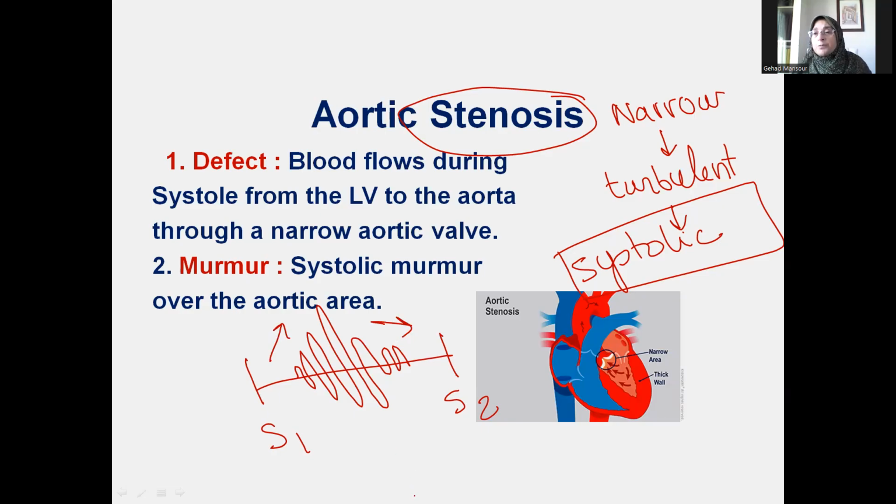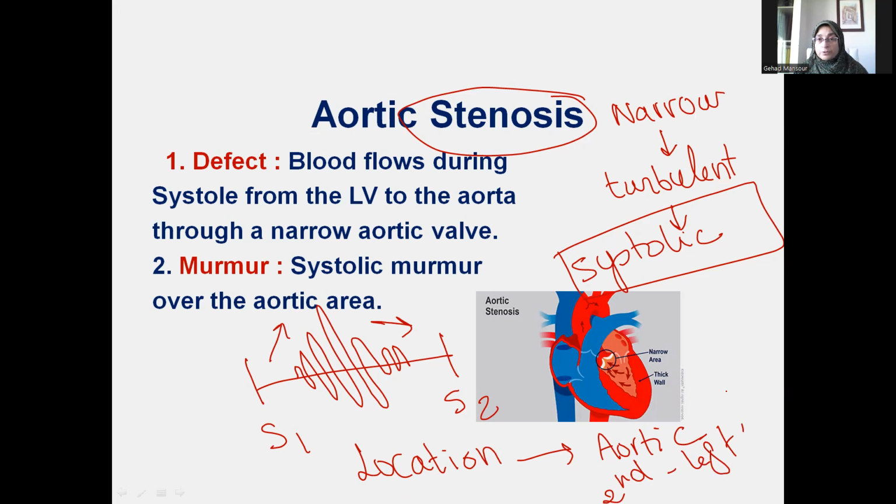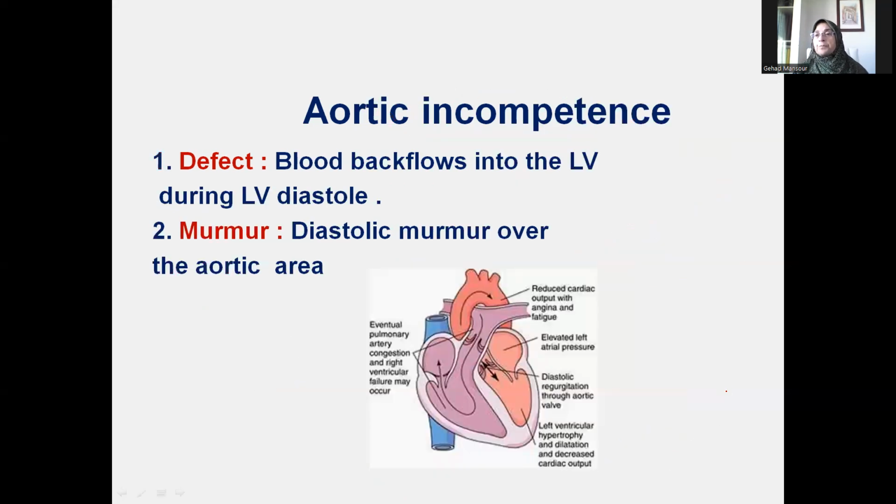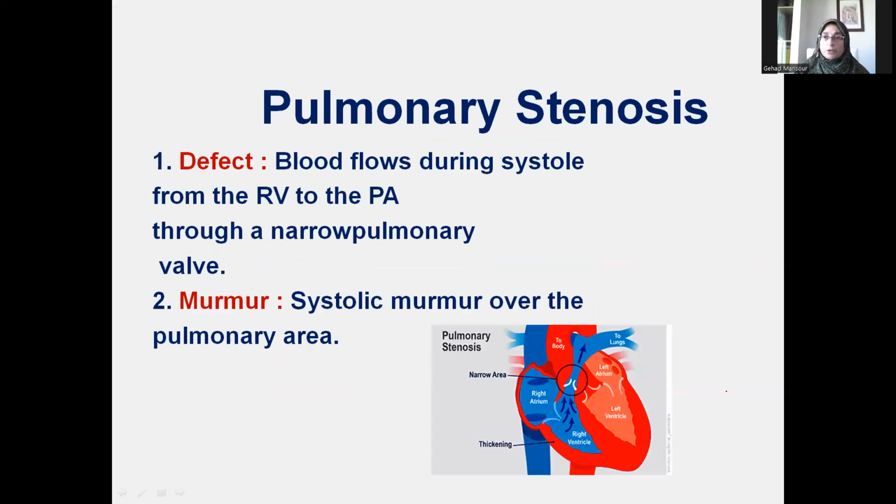The second difference between aortic stenosis and mitral stenosis is the site or location where you best hear it, which is the aortic area. And the aortic area is the second intercostal space, left sternal edge, or the left second intercostal space. Similarly, pulmonary stenosis.